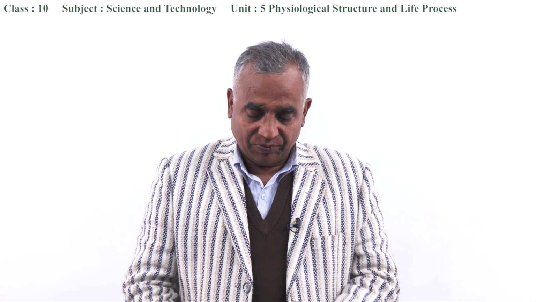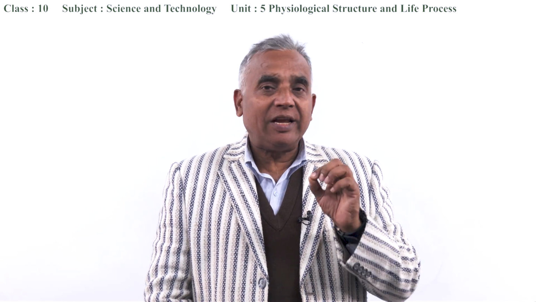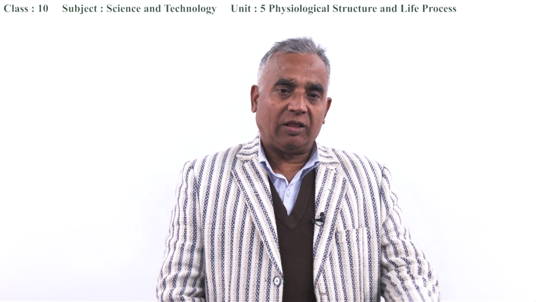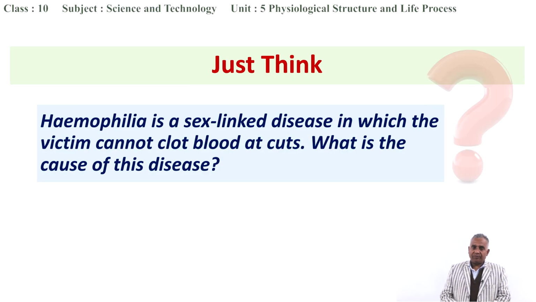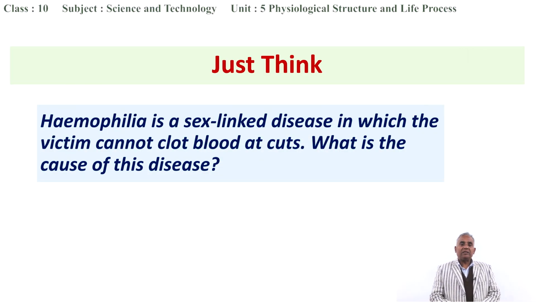But before that, you have to think about one question I am giving on the board. Hemophilia is a sex-linked disease. You know, sex-linked disease means it occurs only in one type of sex. Do you know who becomes the victim of it?